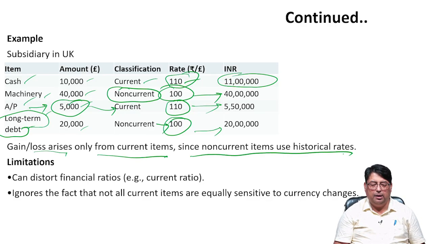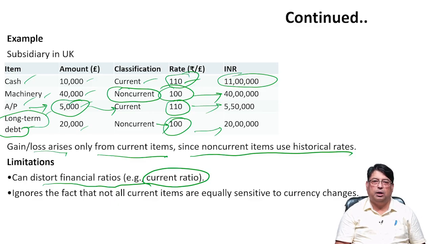Now, there are certain limitations of this method. It can distort financial ratios, for example the current ratio, because current rates are used and current rates are volatile. So, this may distort the values of the current ratio, liquidity ratios, and other ratios like the acid test ratio.